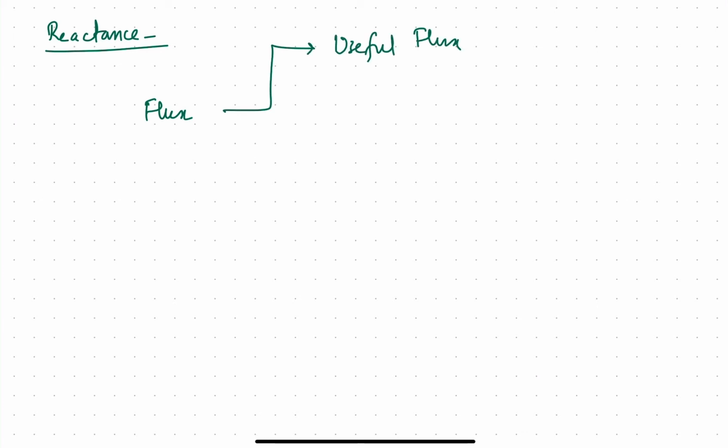Next, we calculate reactance. Now reactance, we should know that it comes from flux. So there are two types of flux associated with the transformer: useful flux and leakage flux.